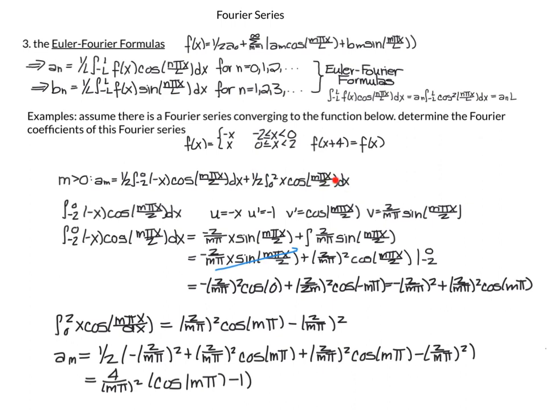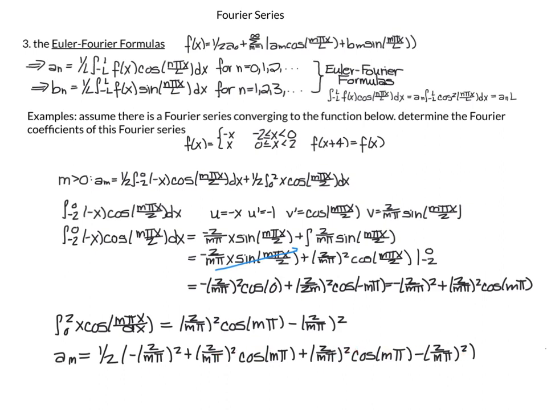The second half of the sum is very similar. It's just that instead of this negative x for f of x, I have a positive x. So I'll leave it to you to do this integration by parts, and this should be the solution you come up with. Plugging in the two results from my two integrals into this equation here, a sub m is equal to 1/2 times the results for my first integration plus the results for my second integration.